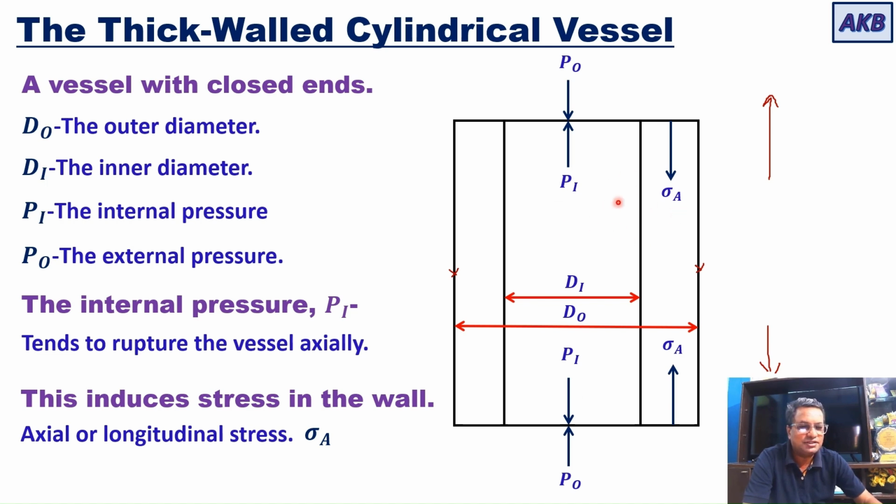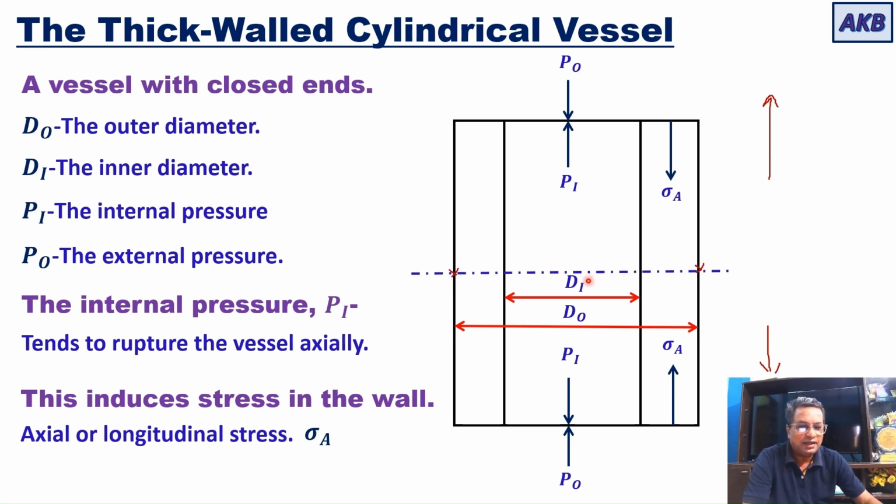It counteracts the pressure force. To counteract the pressure force, stress is induced in the wall, and that stress is induced in the axial direction, and that's why we are calling it axial stress or the longitudinal stress.